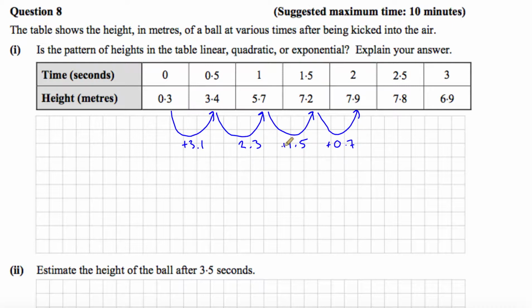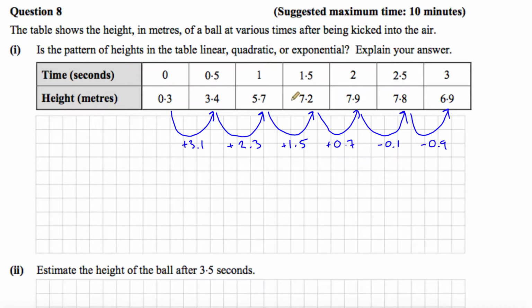Again, these are all positive. We're going back down now, so minus 0.1, and from 7.8 down to 6.9 is a jump of negative 0.9.